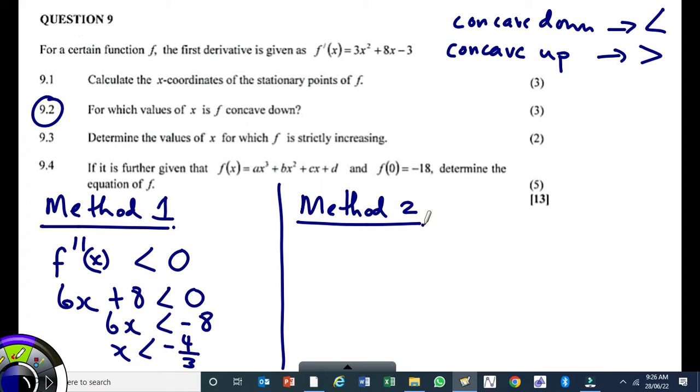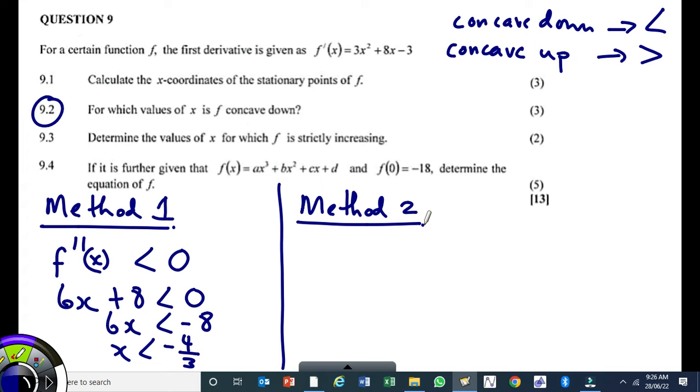So with method 2, we can find the x value at the point of inflection. But the problem is, for this question the graph is not given. So how are you going to use that x value? It's going to be a nightmare. Which means method 1 will be the best method for this question.